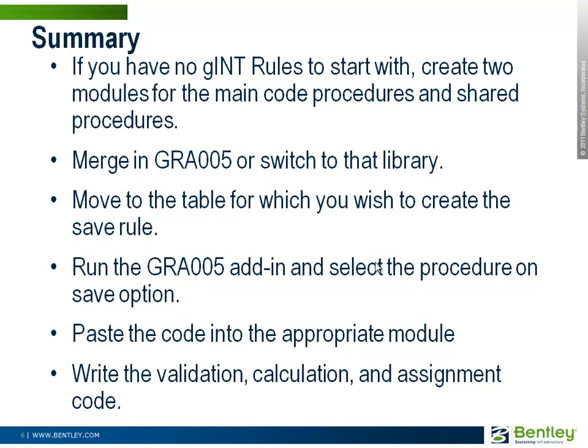And you can get that from, I recommend GR001, not GRA. GRA001 is an add-in. And then merge in or switch to gra005, and you run it. You move to the table you want to create the save rule, and then you run it. And then you paste the code in the appropriate module, write your validation calculation and assignment code.